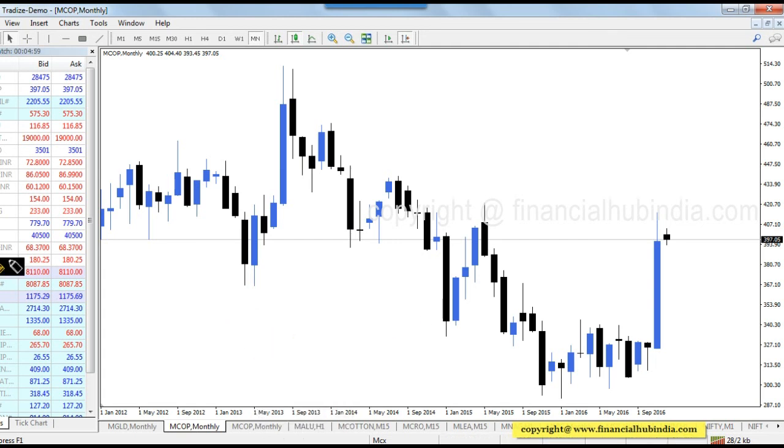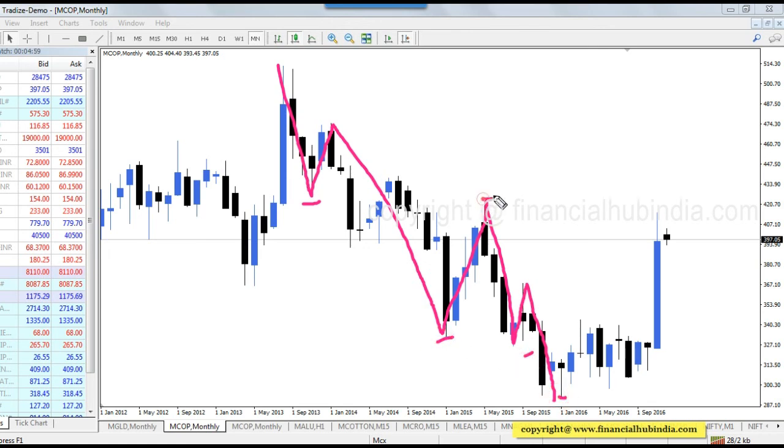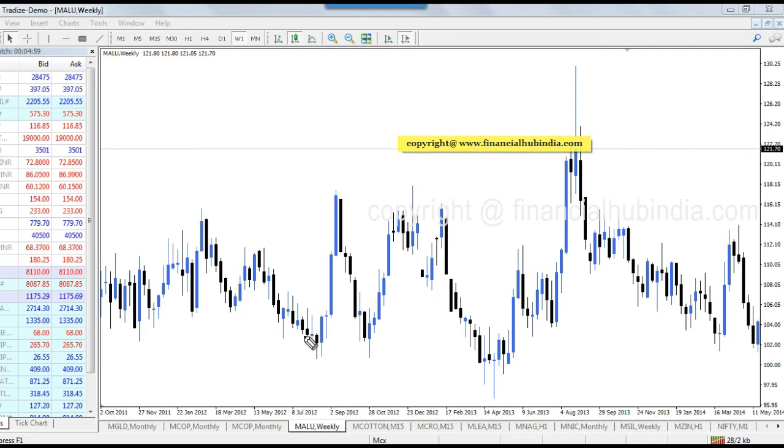Then this is the copper chart. 1, 2, 3, 4, 5, 6, 7. Yeah. So again, lower lows and lower highs. This is MCX aluminum. What do you see here?